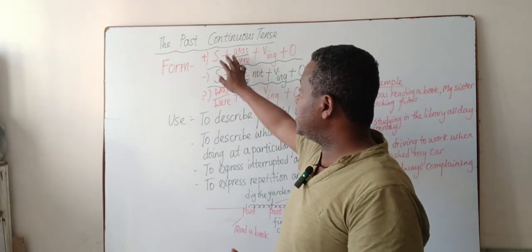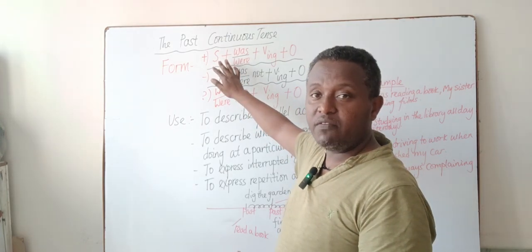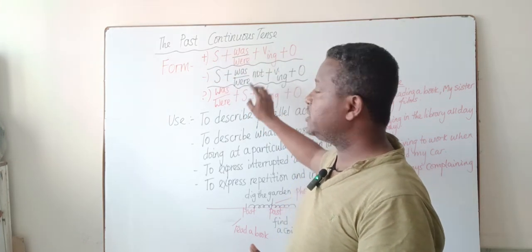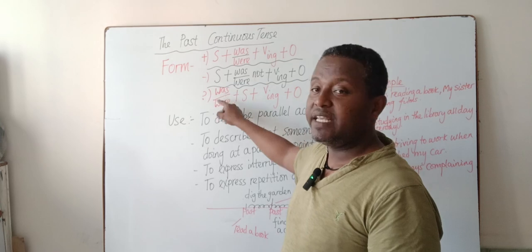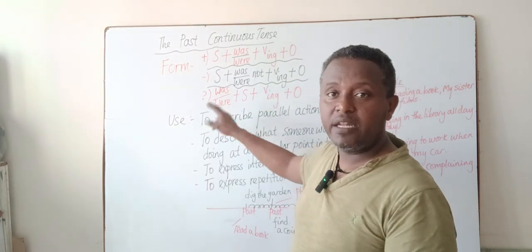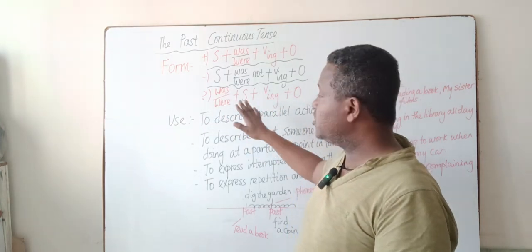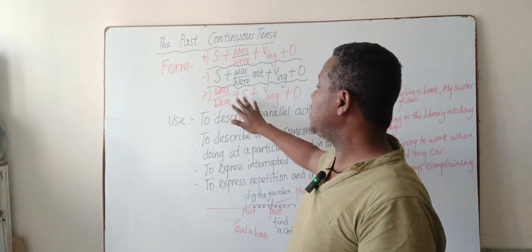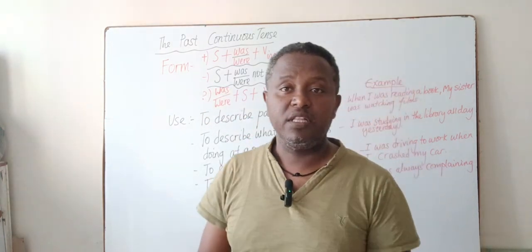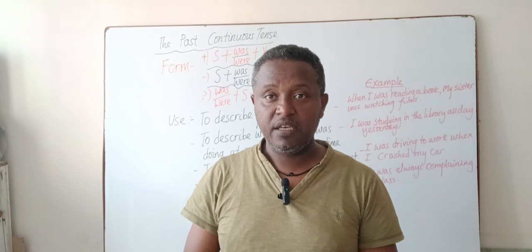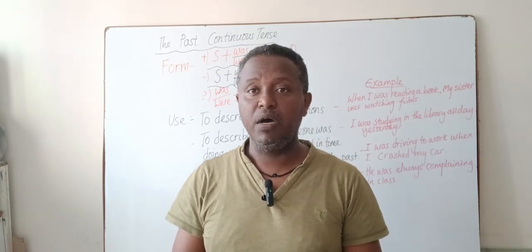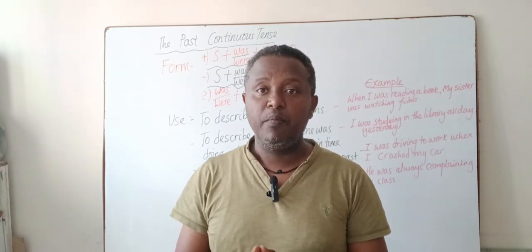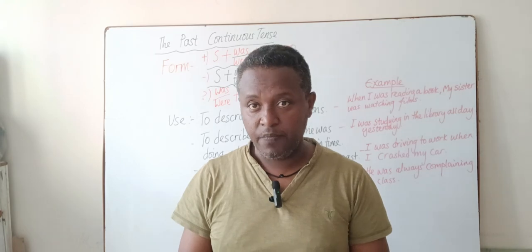So the example above, I was teaching English, can be: was I teaching English? Were we learning English? So the be verbs here come at the beginning to construct the interrogative statements. I think you have a clear idea about how to form the past continuous structure.